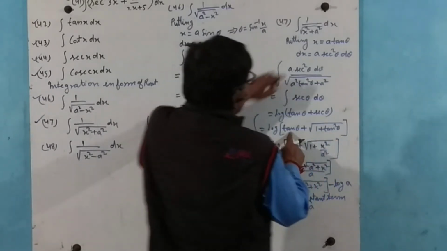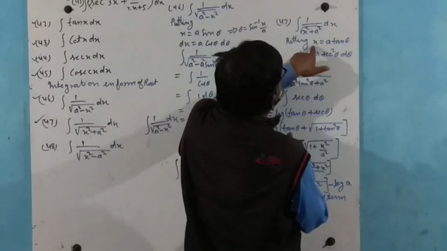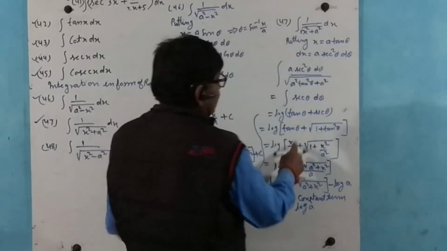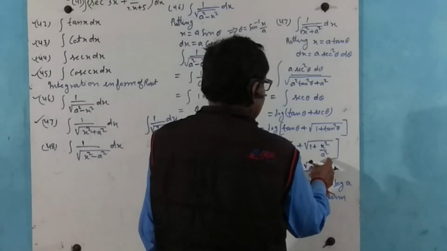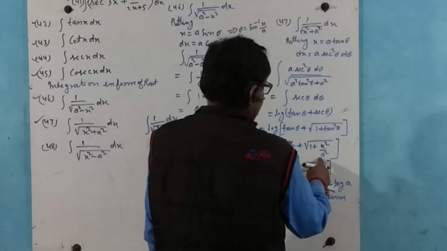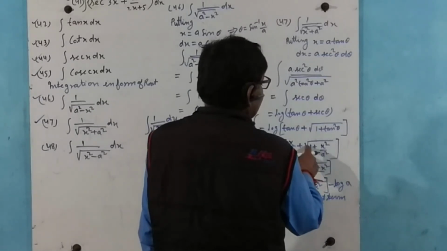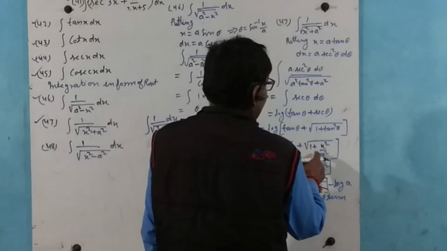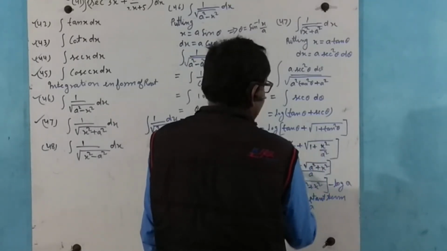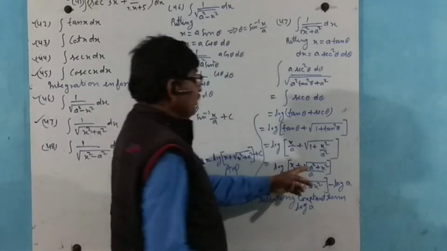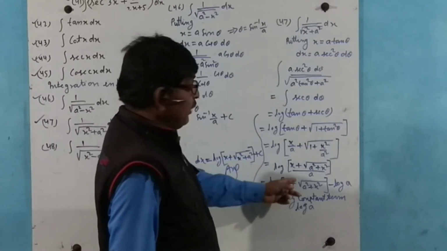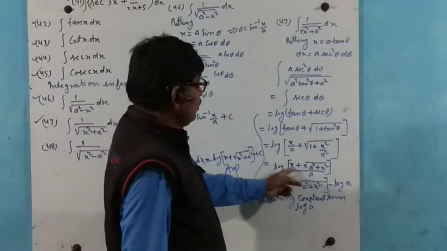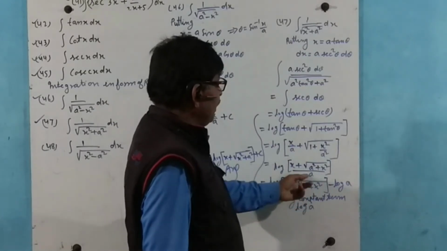Now putting tan theta equal to x by a, we get 1 plus x square by a square. Taking the LCM, a square plus x square by a square, under root, this comes to x plus under root a square plus x square by a. Log of this, log m by n is equal to log m minus log n, so log of these terms minus log of this.